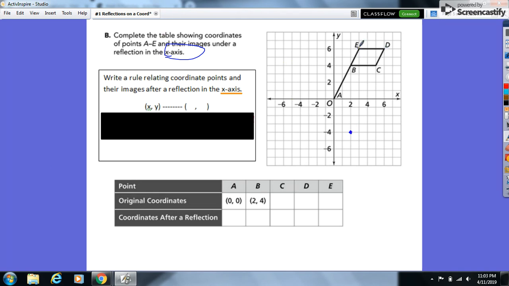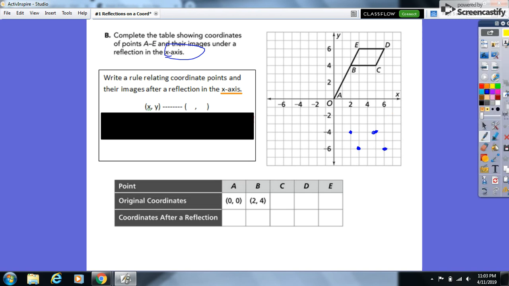Same thing with E. E is 1, 2, 3, 4, 5, 6. 1, 2, 3, 4, 5, 6. C, 1, 2, 3, 4. And D is also going to be 6 because it's going to be on the same line as the other one.